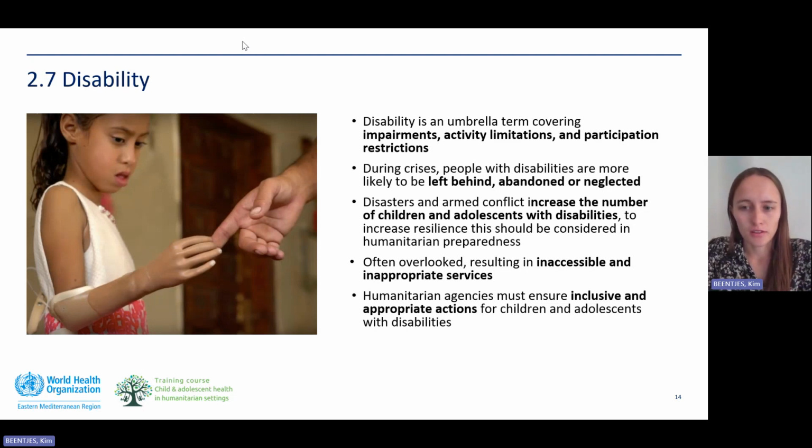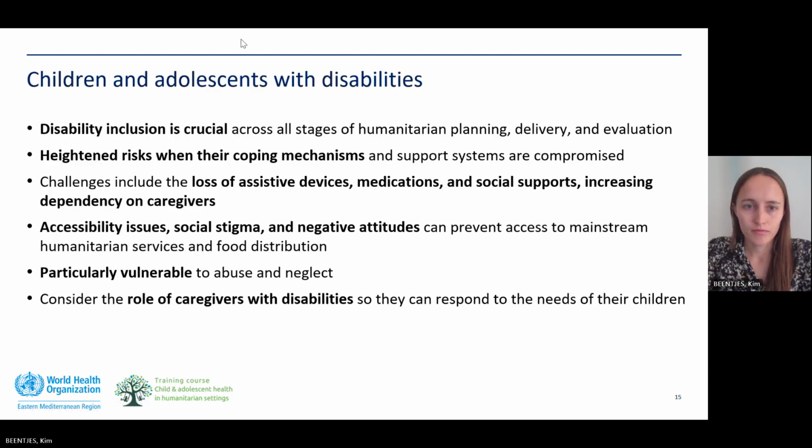And humanitarian agents must therefore ensure inclusive and appropriate actions, especially for children and adolescents with disabilities. Disability inclusion is crucial across all stages of humanitarian planning and also during humanitarian delivery and evaluation.